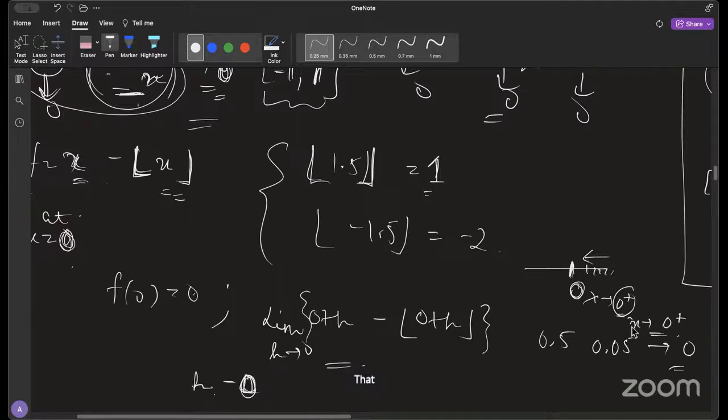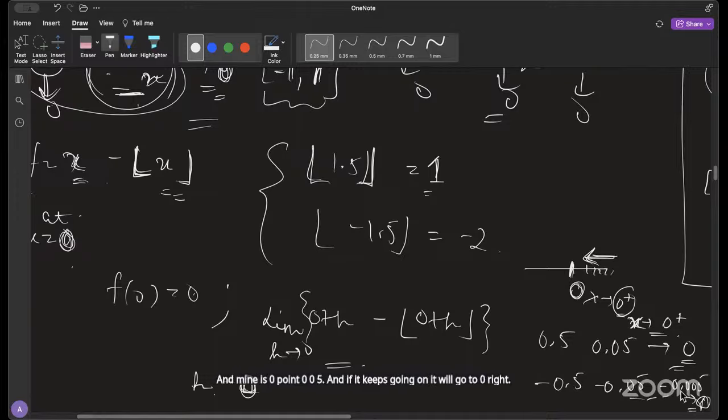There is some sequence that goes to 0 from this side. That means it decreases to reach 0. And from the negative side, it's 0.5, minus 0.5, minus 0.05, and minus 0.005. If it keeps going on, it will go to 0, right?